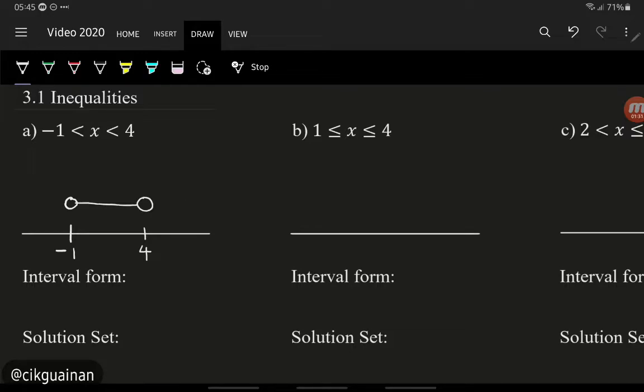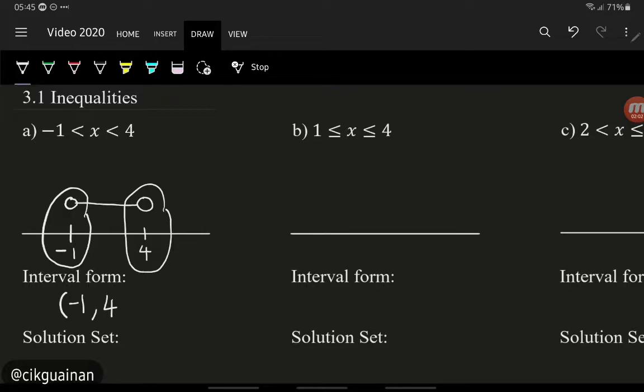Now in interval form, we can use brackets. If it's not including the value that we are talking about, such as this one, minus 1, we are using the parenthesis or open bracket, and then we put minus 1 and then a comma and then the second value, which is 4 over here.